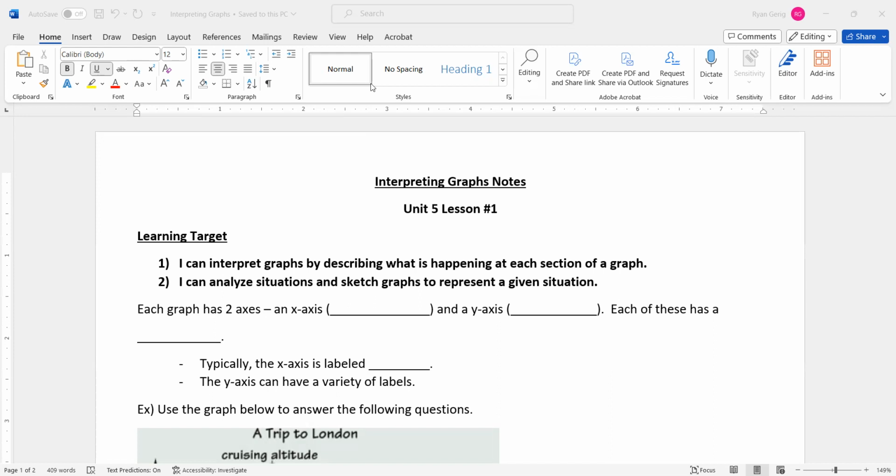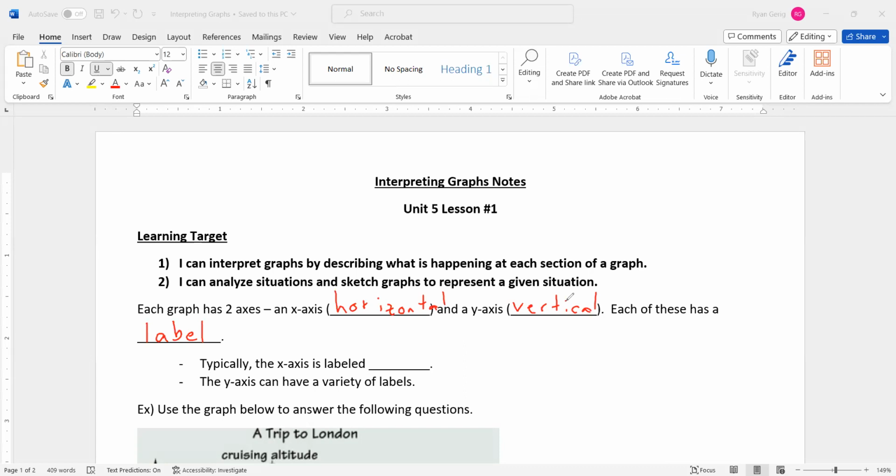All right, so each graph that we're going to look at has two axes, an x-axis, which is our horizontal on the bottom, and the y-axis, which is obviously the vertical. Each of these has a label. That's a very important thing that you need to see.